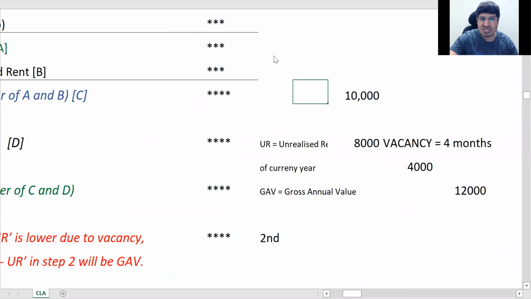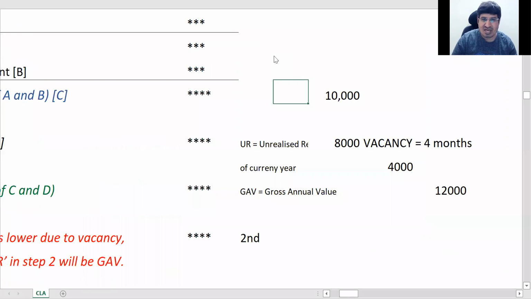Let me explain once in English for English students. See, this is your ARR minus UR. Sorry, this is your RER. Next, just see what your ARR minus UR is. It is this. Now find out the elder brother of this. The elder brother will have vacancy included; this is without vacancy. The elder brother will always be bigger.